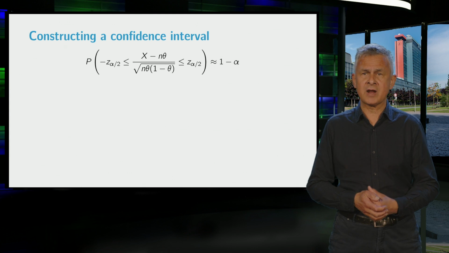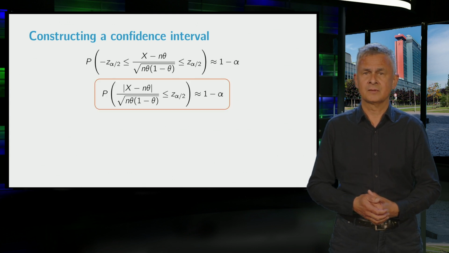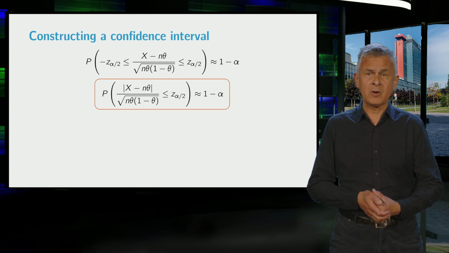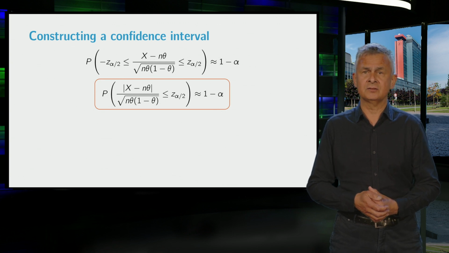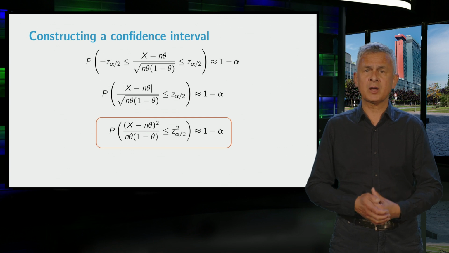Now, how can we extract a confidence interval for theta from this? Well, we can rewrite the event on the left-hand side using absolute values. And if we then square both sides of the inequality, this results in the following probability on the left-hand side.